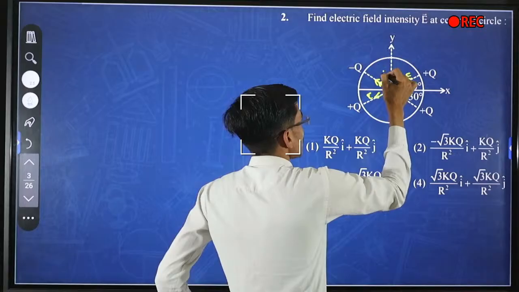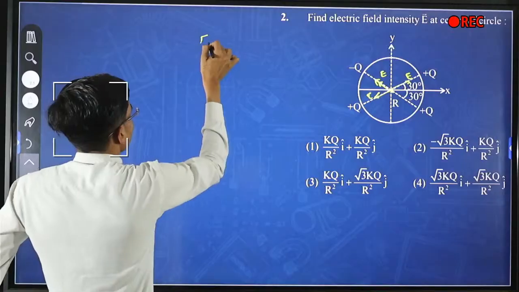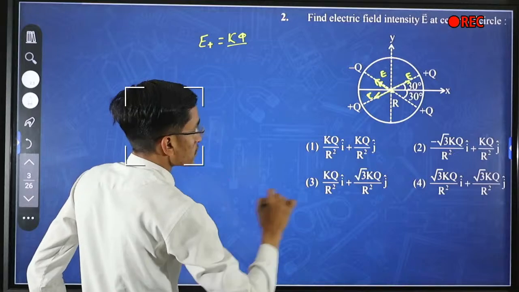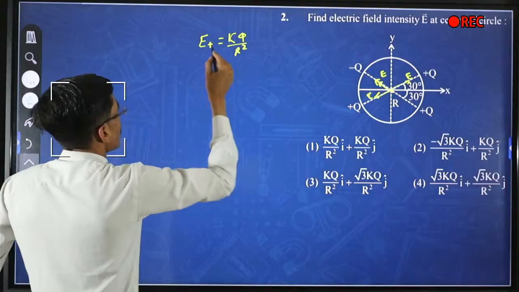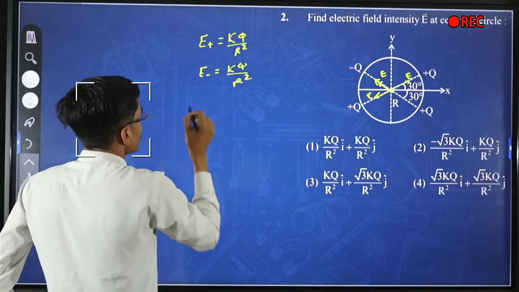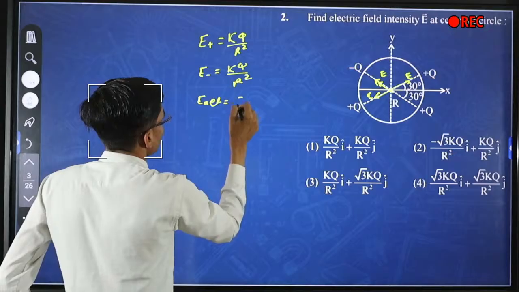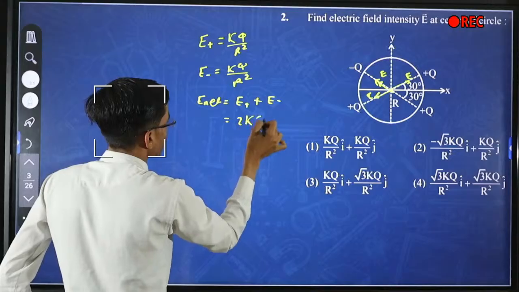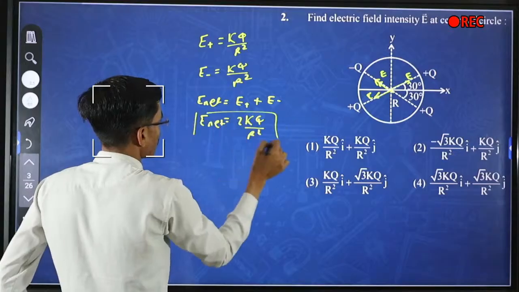Let us say the electric field due to an individual charge is E. So E plus is equal to kq by R square, where R is the distance from the center, and E minus is also kq by R square. So the net electric field is E plus plus E minus, that is 2kq by R square. This is our net electric field.